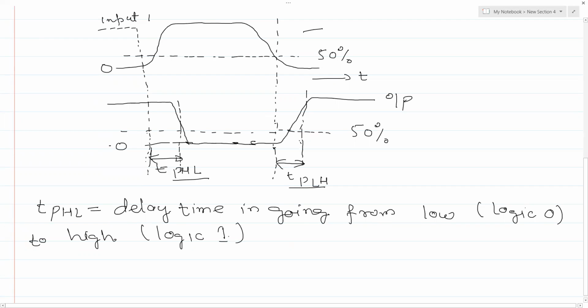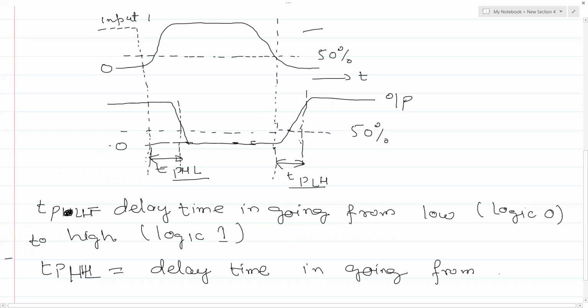Similarly, we have TPLH. Sorry, this is LH, and this is low to high. And this is HL, which is nothing but the delay time in going from high to low, high level to low level.